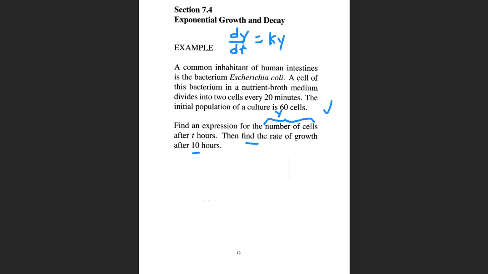That's the differential equation. And we have an initial condition that at time 0, the initial population is 60 cells. In section 7.4, the problems all have differential equations of this form.